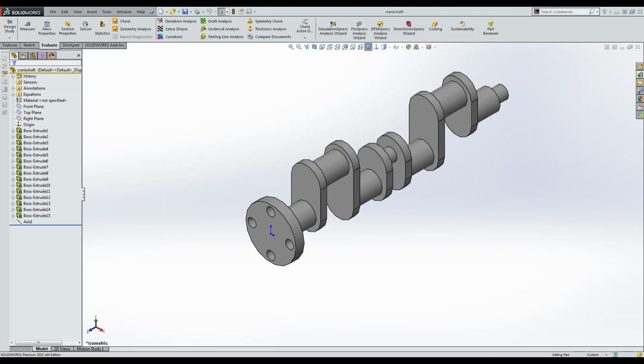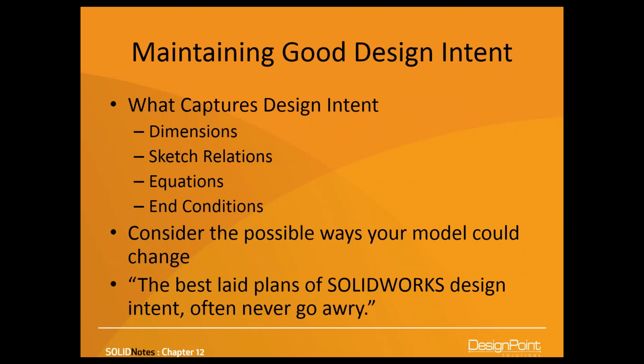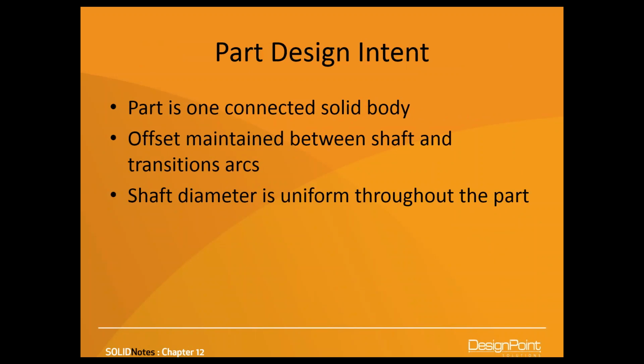Before we go into creating this model, let's think about what options we'll want later on down the road when we want to make changes. I did that earlier, and so these are our options for design intent.